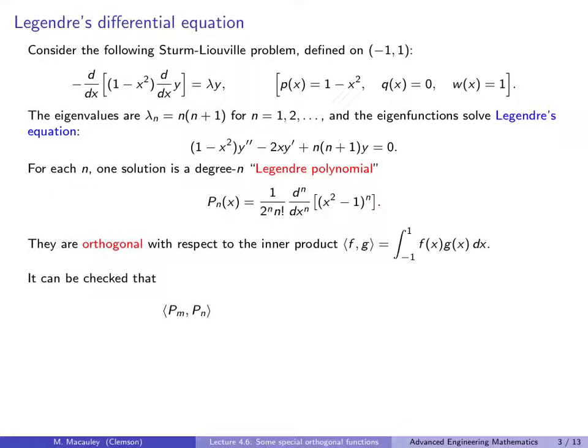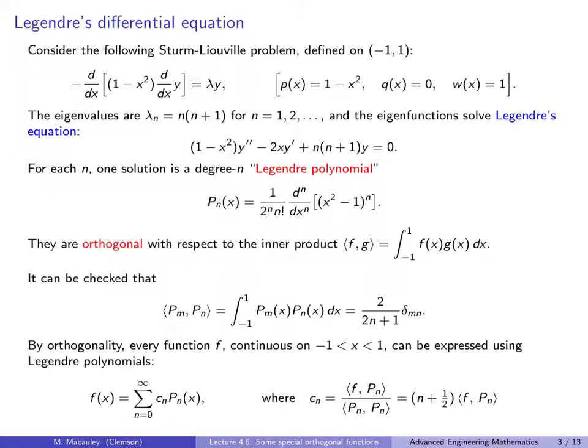It can be checked, it's messy but it's easy, that the inner product of any two of these Legendre polynomials, Pm and Pn, which is just the integral of their product from negative 1 to 1, is 2 over 2n plus 1 times delta mn. In other words, this is 0 if m and n are different, and if m and n are the same, then it's 2 over 2n plus 1.